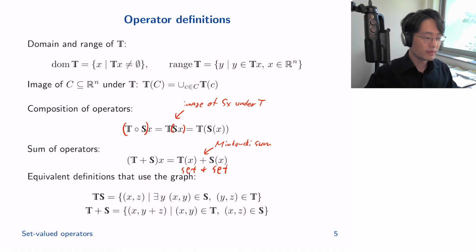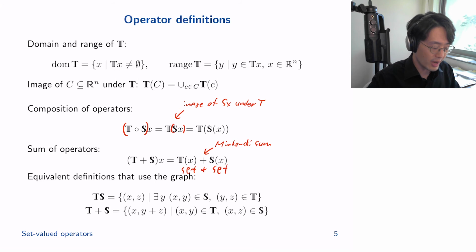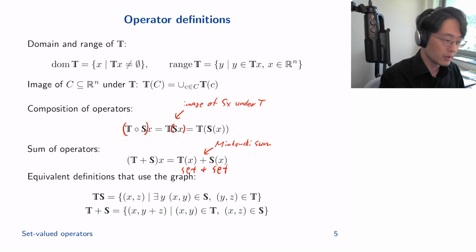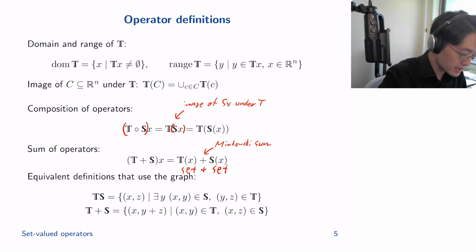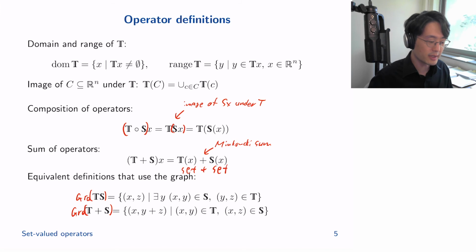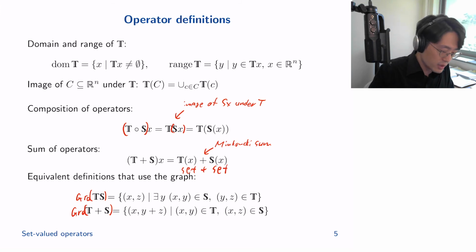Now, the composition of operators and the sum of operators can also be defined equivalently using the graph. So here, it would perhaps be more precise to say a graph of T compose S and graph of T plus S, but as discussed before, we will often not distinguish the operator from its graph.